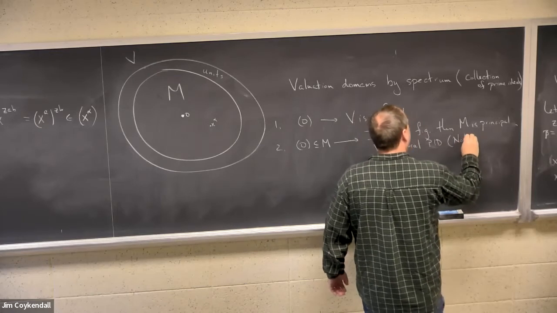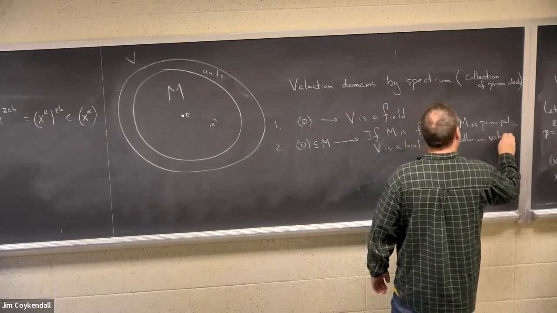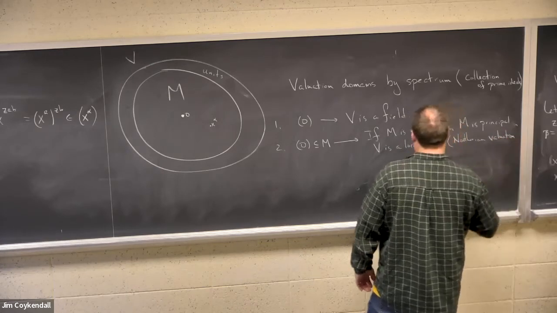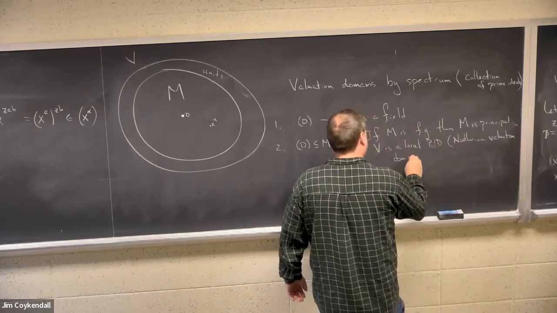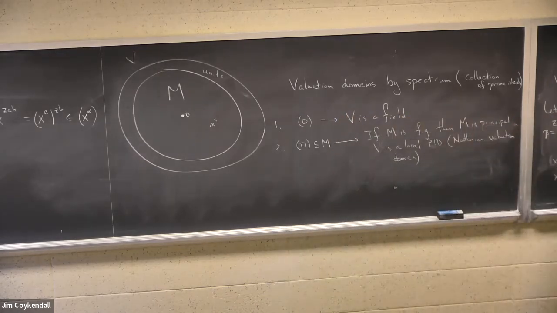This is called the Noetherian valuation domain. Some people use the terminology discrete valuation domain. I do not like that terminology because it's misleading.